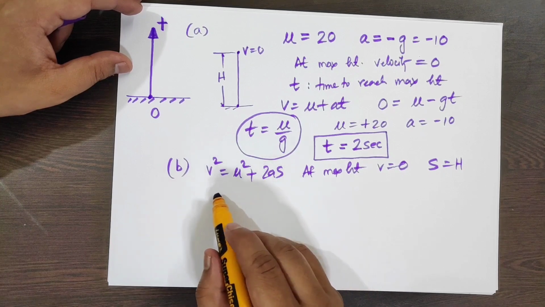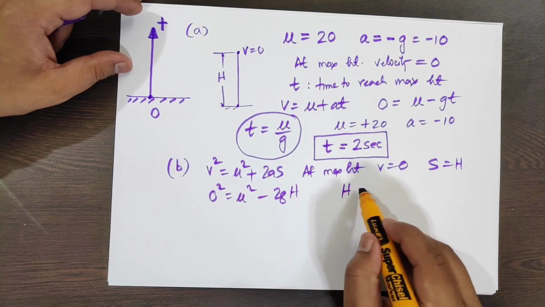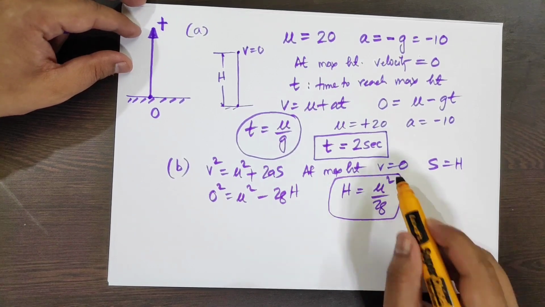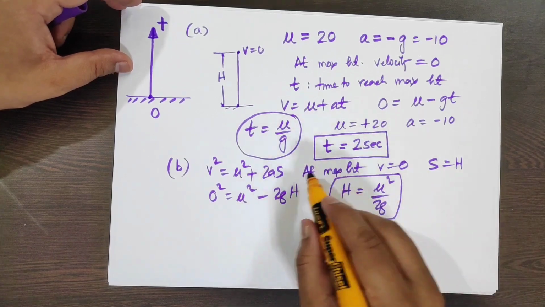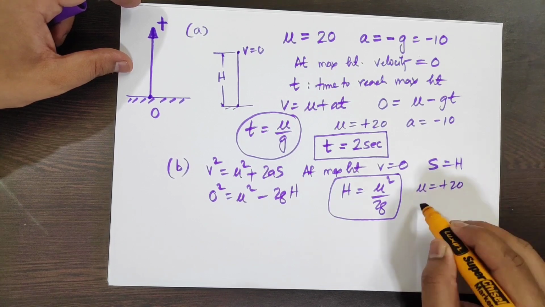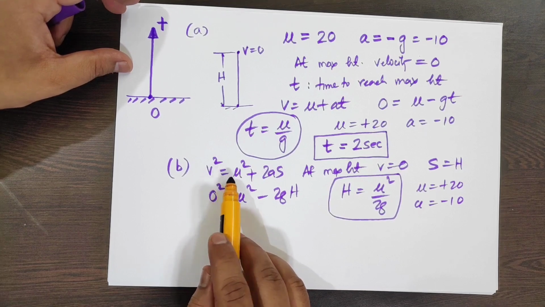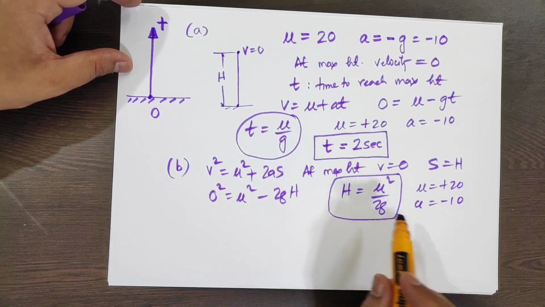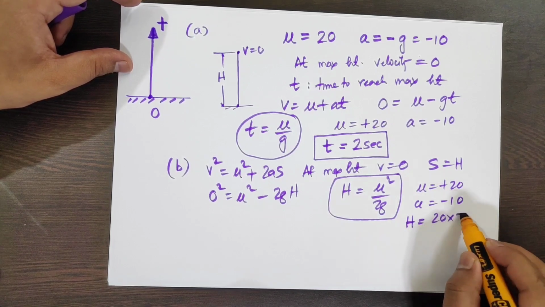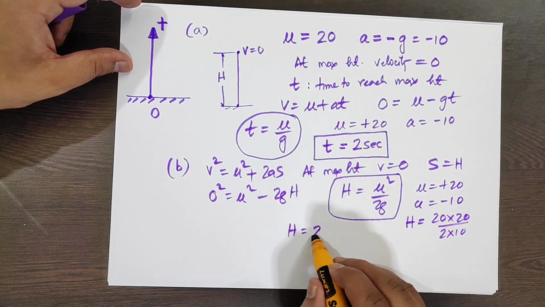Obviously a is minus g, so 0 square equal to u square minus 2gh, so h is equal to u square divided by 2g. This you can remember also as a formula. In this case, u is plus 20 and a is minus 10. So if you put the values here, h comes out to be 20 into 20 by 2 into 10, so that height is equal to 20 meter.